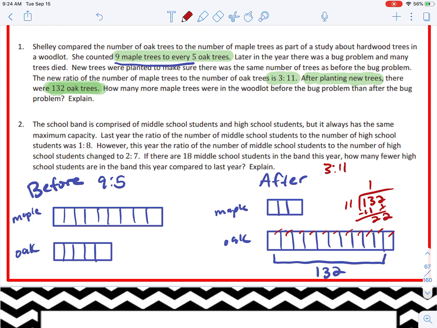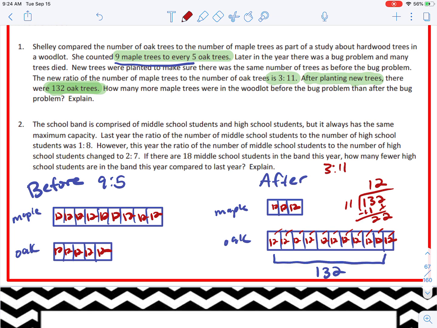We bring down the 2. 11 goes into 22 twice. So 12 is going to go in each of our units. That means that 12 is going to go into each of the other units, because all the units are equal.